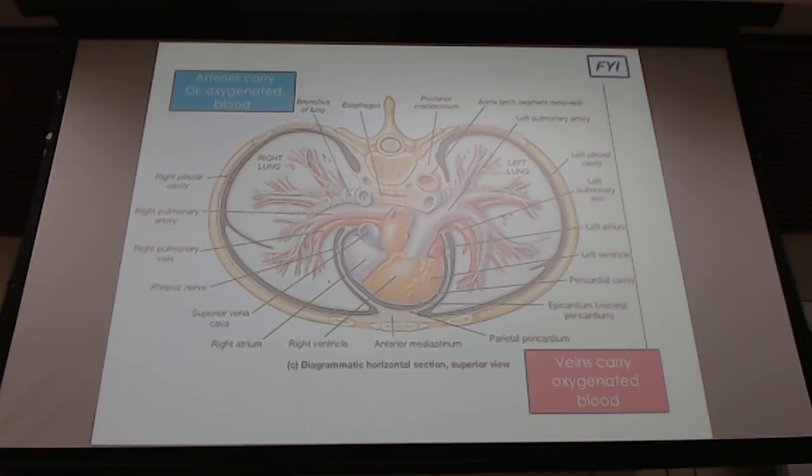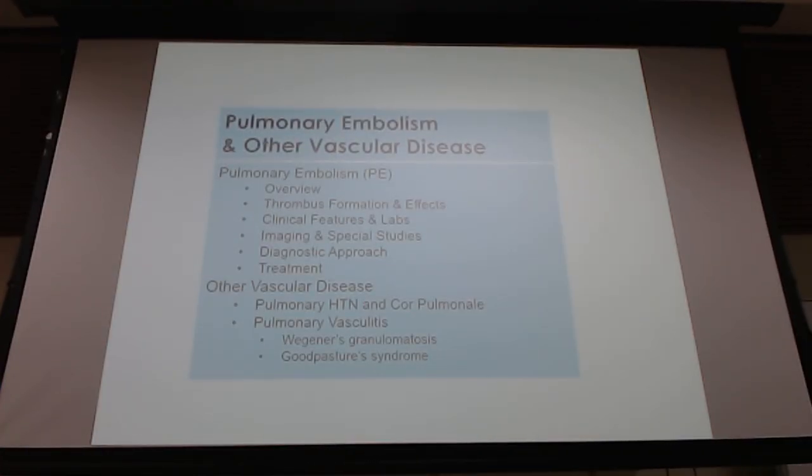So those are going to be the common things that we're going to see when we talk about pulmonary embolism. And at the end, we're going to talk about a specific topic, pulmonary hypertension and cor pulmonale, and the last two are just little topics that are specific examples of what we call pulmonary vasculitis, which is inflammation of the pulmonary vessels.